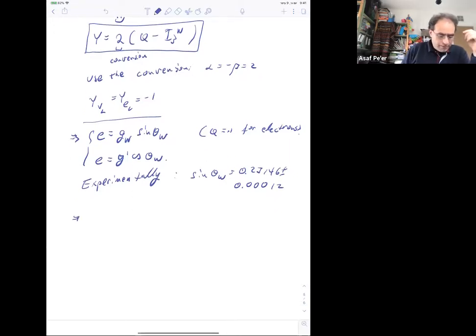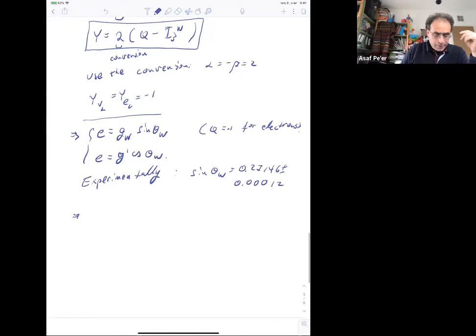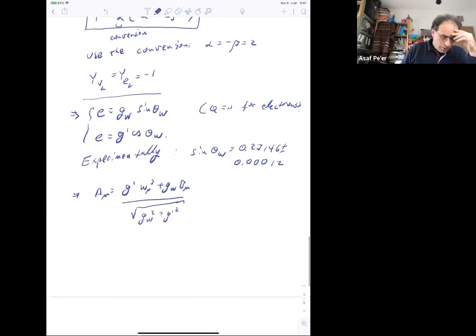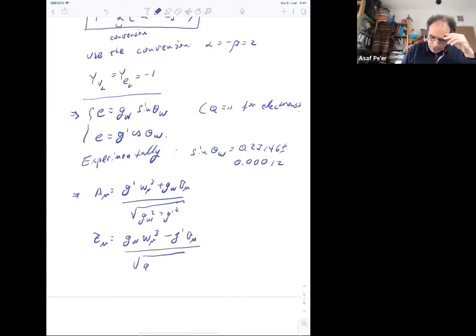So we can write down using what we previously did, A mu as G prime W mu 3 plus G weak B mu divided by this normalized square root of G weak squared plus G prime squared. And the Z is G weak W mu 3 minus G prime B mu, again normalized square root of G weak squared plus G prime squared.